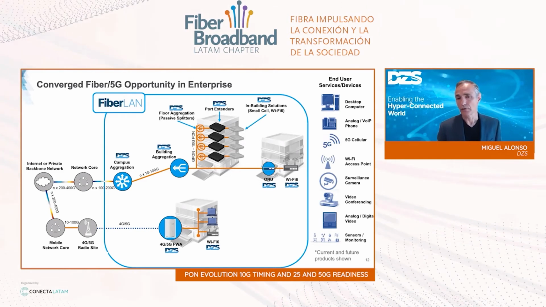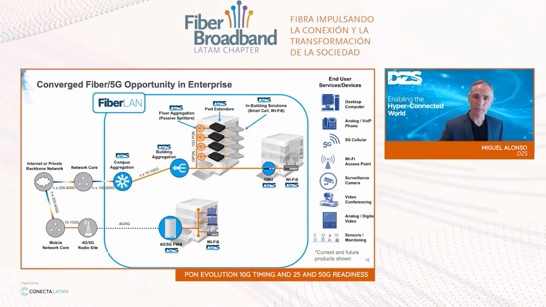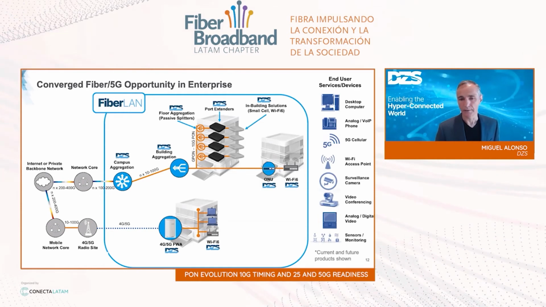The other is to extend the reach of the mobile network inside buildings by deploying or feeding those buildings with PON and then deploying small cells or Wi-Fi 6 solutions inside the building. The same trend is occurring with fixed wireline service providers, where they are using GPON in many cases as a means to deliver high-speed services to residential subscribers, and they're leveraging the same PON access infrastructure to deliver higher capacity 10G PON class services to corporate clients.